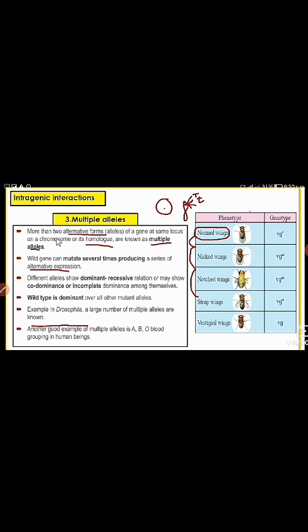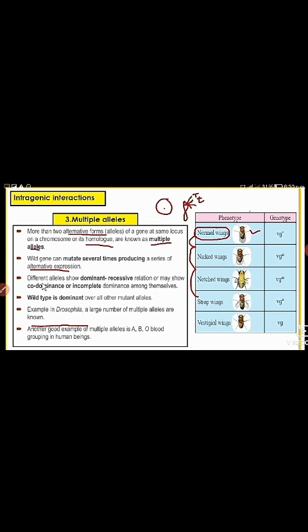In 10th standard we have also studied what is meant by mutation: sudden changes in the chromosome are called mutation. By this mutation various forms occur from the normal wings. It forms nicked wings, notched wings, strap wings, and vestigial wings.